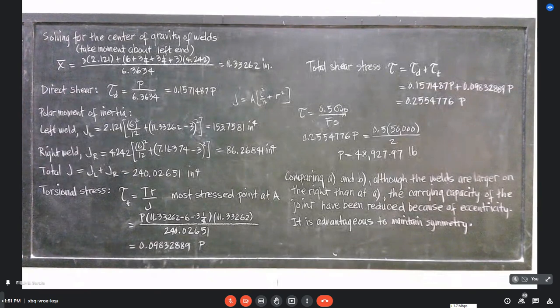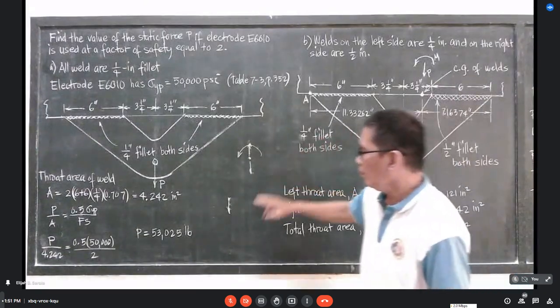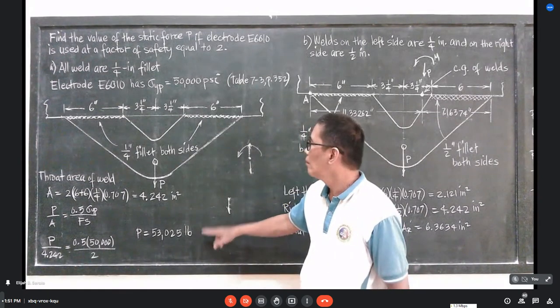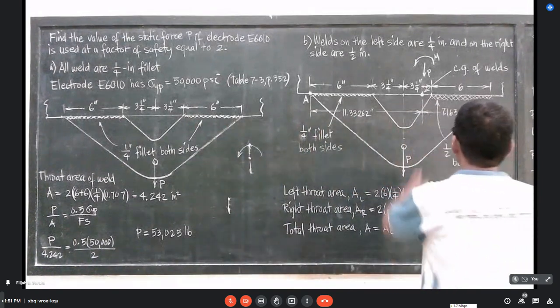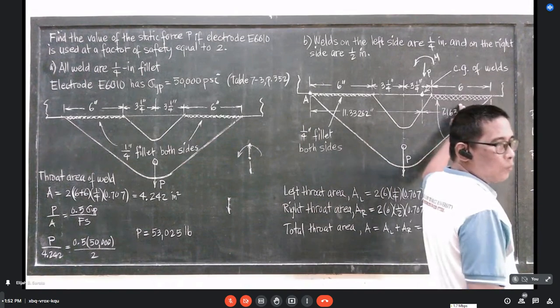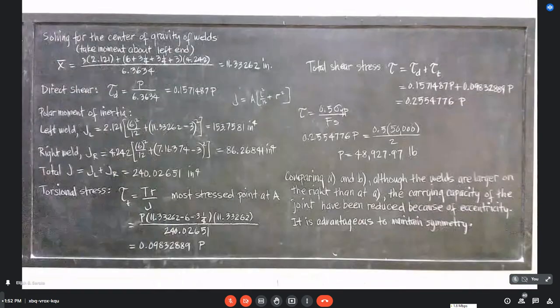But if based from a thicker right side, so again, based from this one, we can carry a load of 53. We're both 1/4 and 1/4. Now, if we try to make this side stronger by making it 1/2 inch fillet, you can only carry 48.